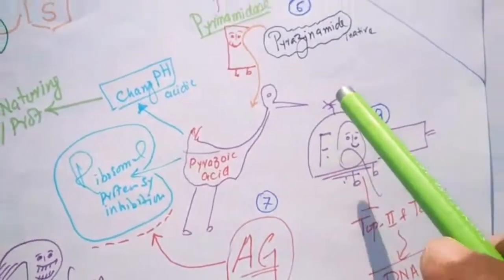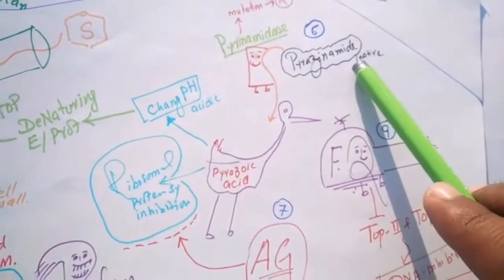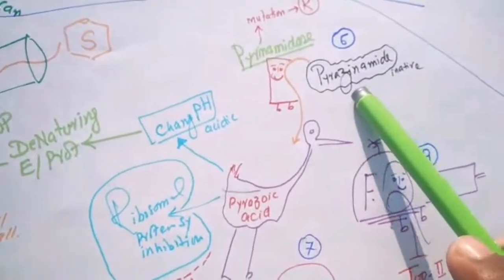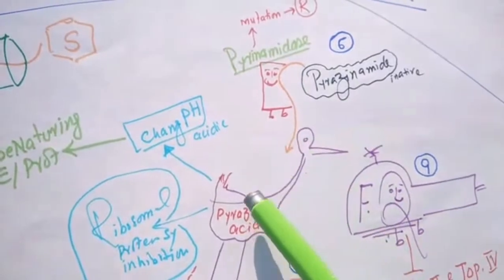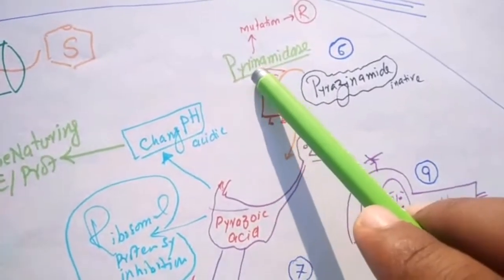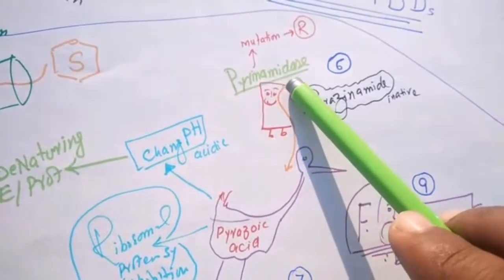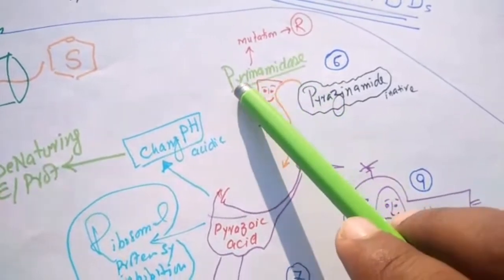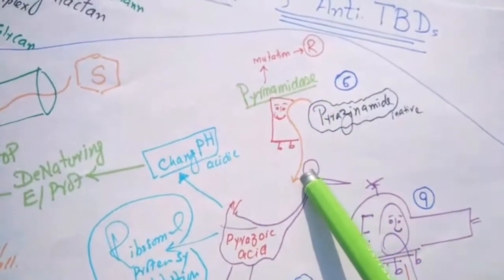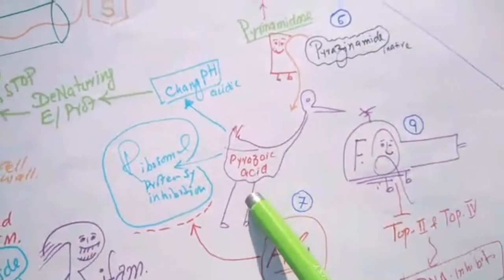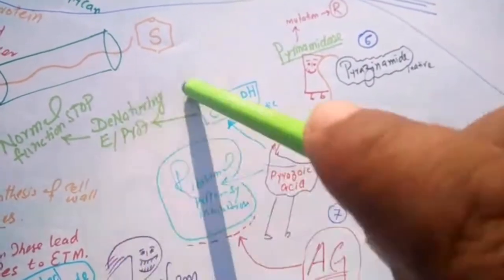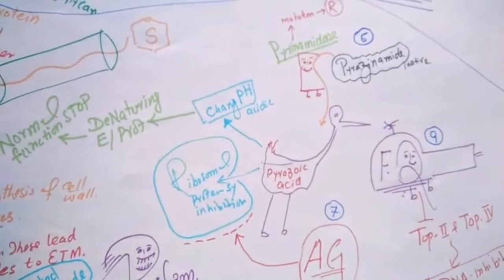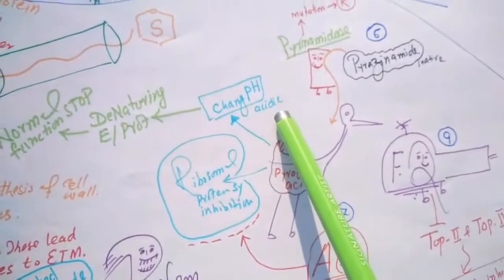The sixth drug is pyrazinamide. Pyrazinamide is also a prodrug. It is activated to pyrazoic acid through pyrazinamidase, which is responsible for this conversion into pyrazoic acid. This pyrazoic acid makes the intracellular environment acidic, changing the pH toward acidity.